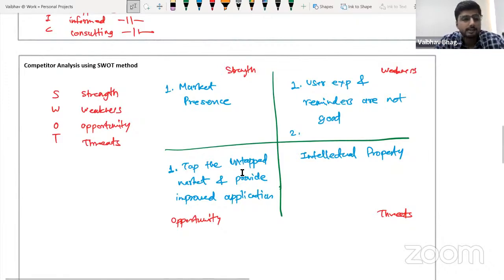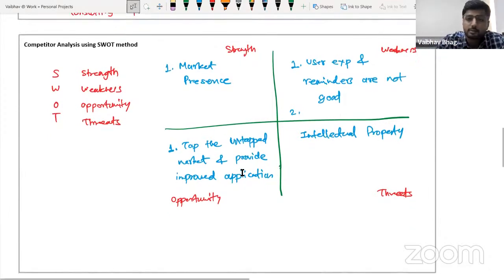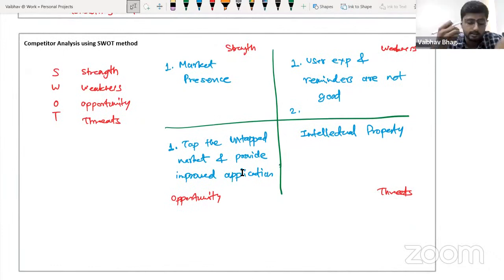Let's say you have done such 10 SWOT analyses, you directly get 10 points from which you can define the product requirements. So coming to the next point, how do we define the user requirements to the product requirements. So you can use these points for that requirement document.